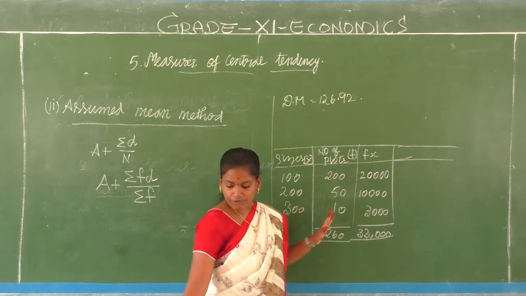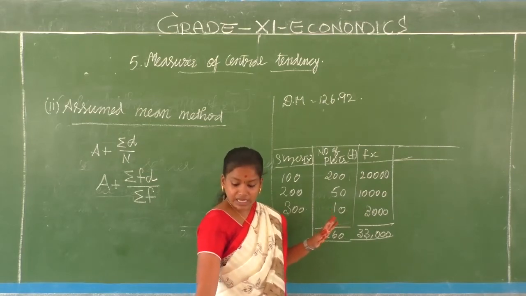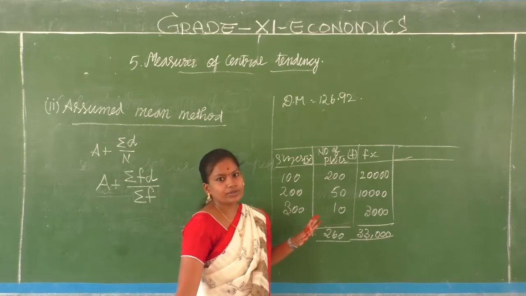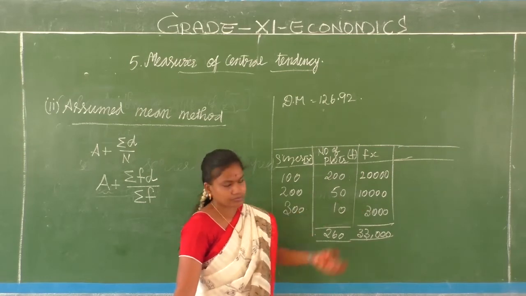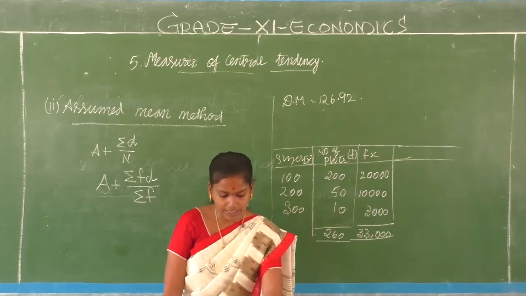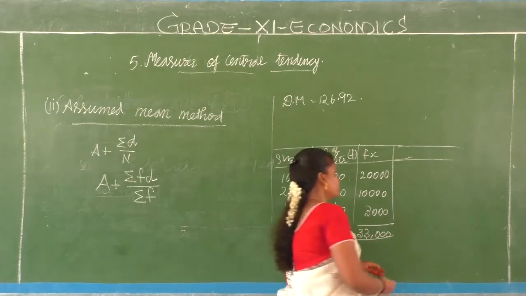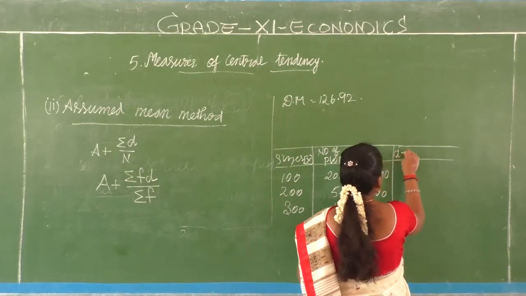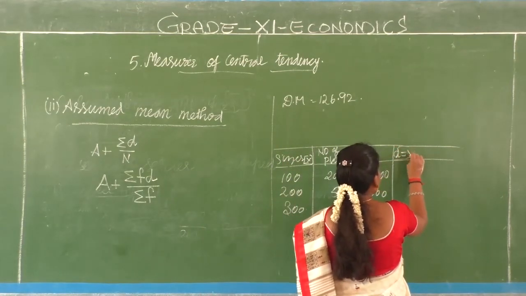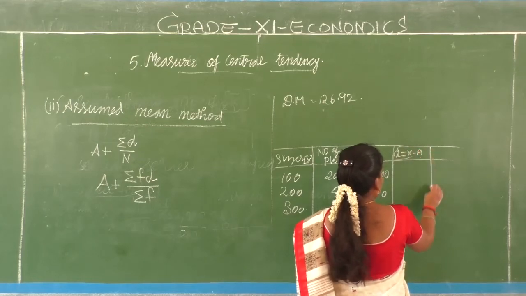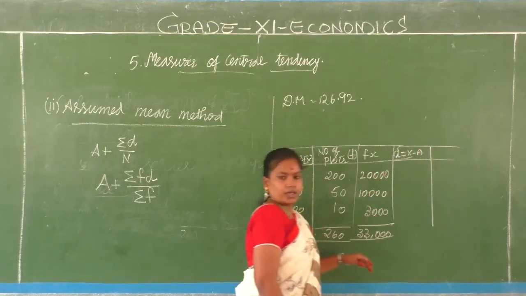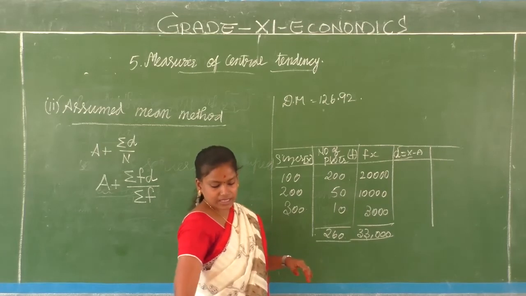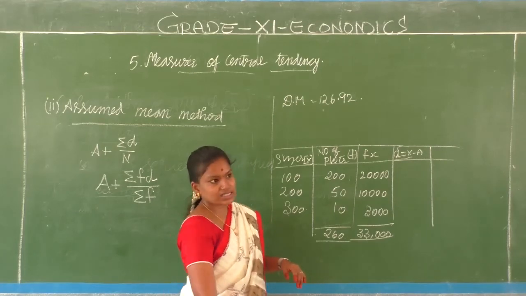Right? You are going to find d first, and then you are going to multiply it with the value of f. What are we going to do now? d is equal to x minus a. What is x minus a for us?